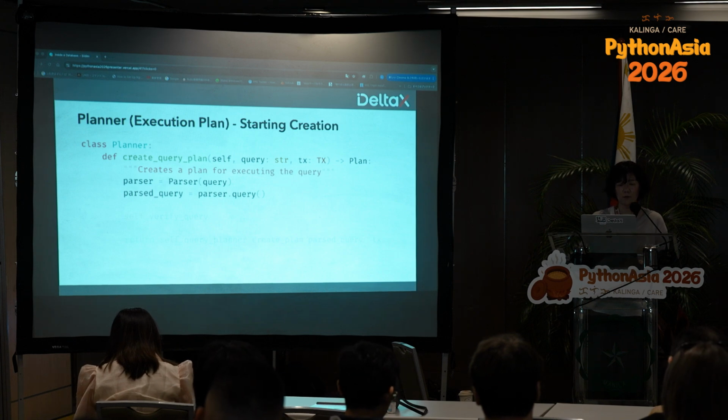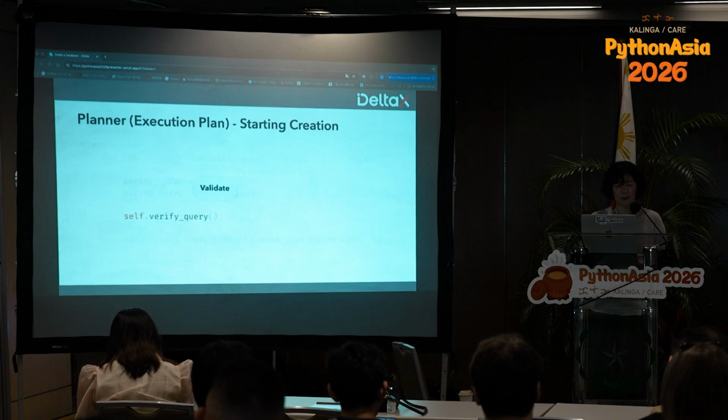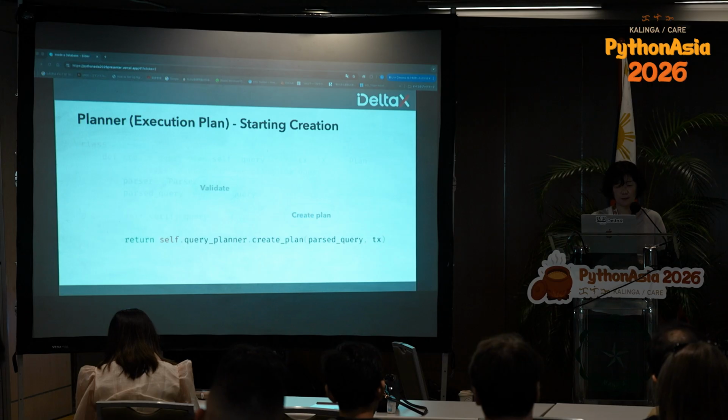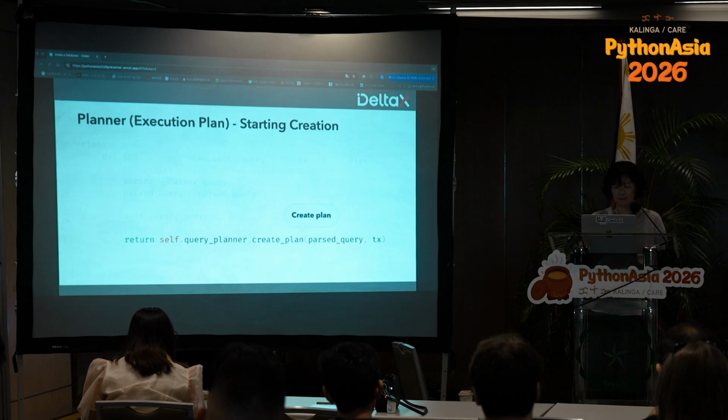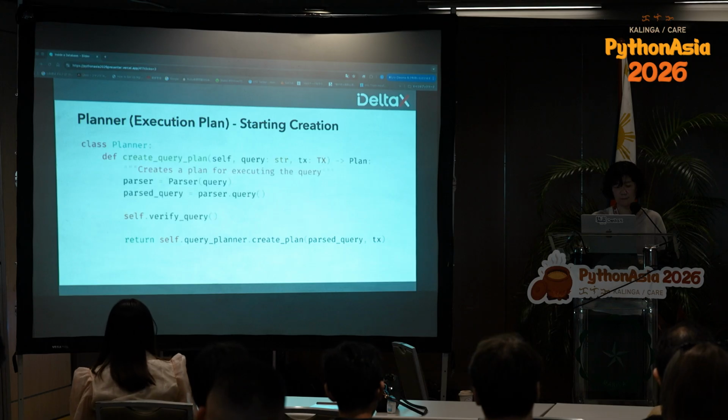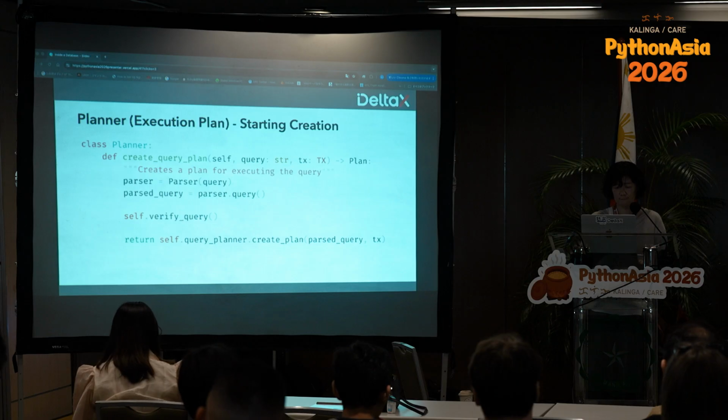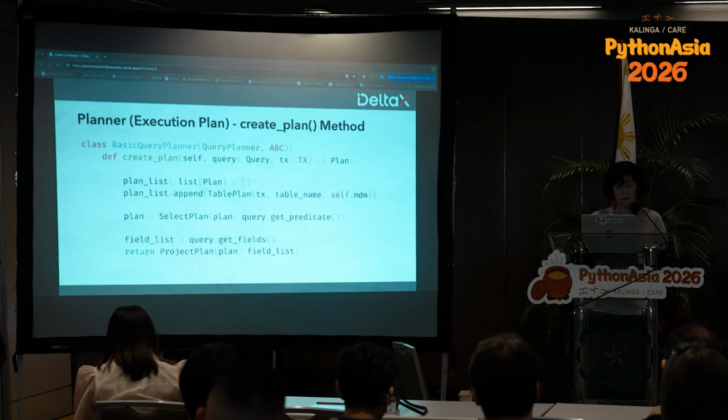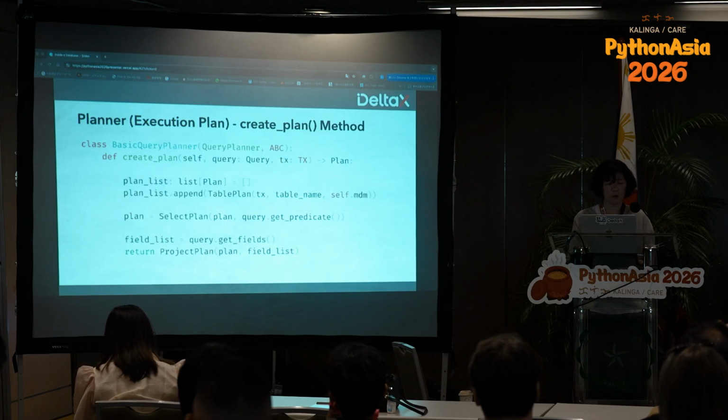The parser has created the AST after validating the values and the expressions. We pass it to the query planner to create the execution plan.